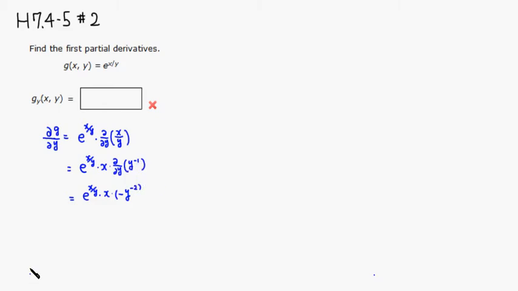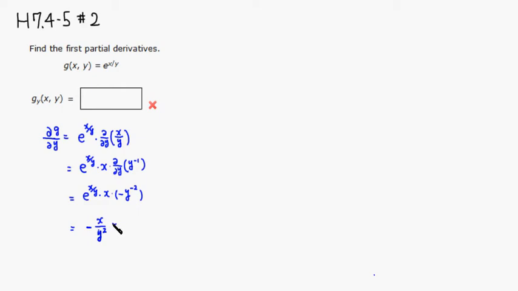Alright, so we have, we can rewrite it as, maybe I would write the negative in front, and x is on top, over y to the negative 2 power, so it's a y squared on the bottom.